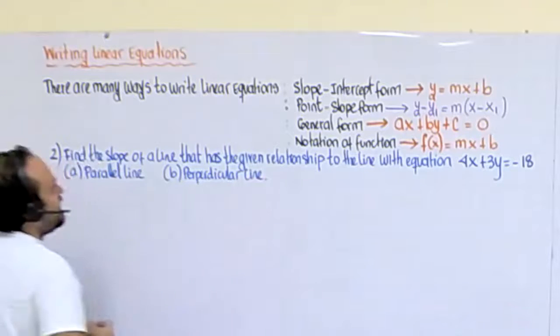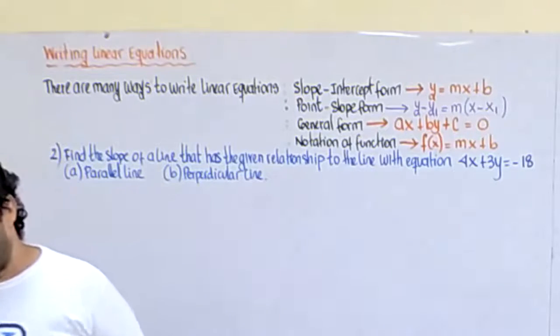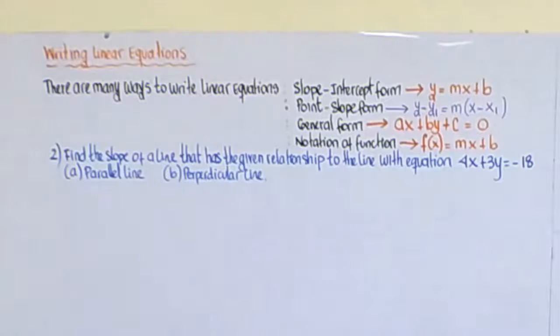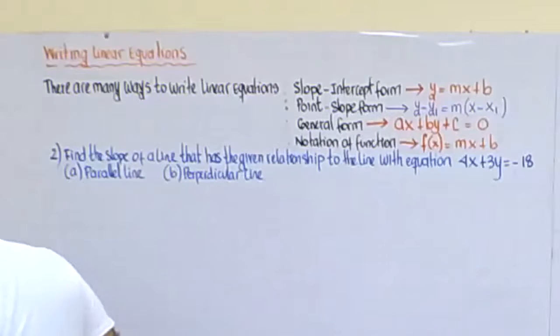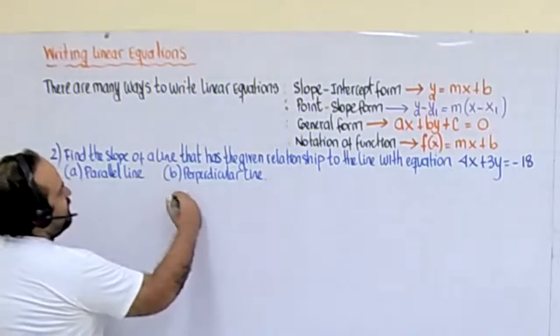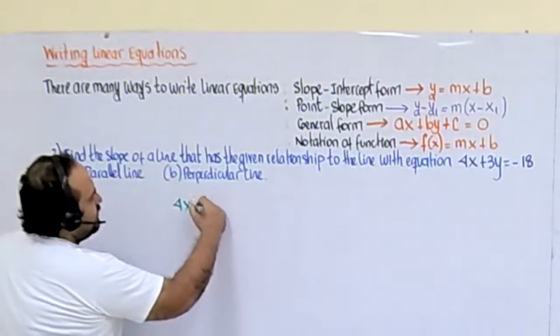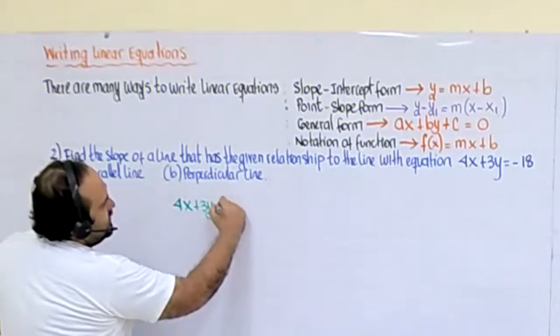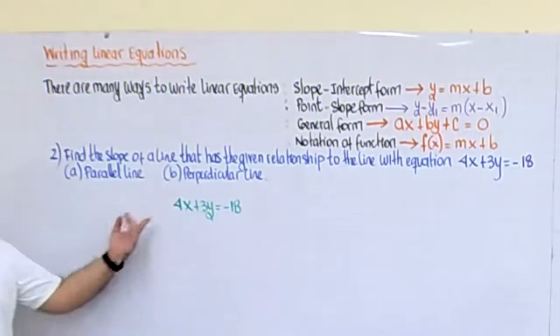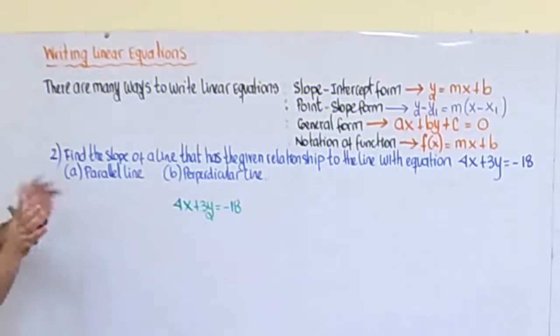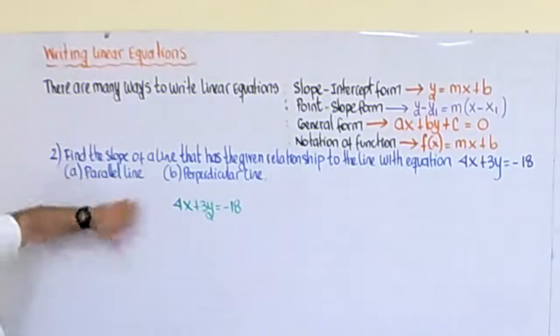All right, so what we're going to do, this is not a complicated thing, my dear students. First of all, we have this equation, given by 4x plus 3y equals negative 18. As soon as you see this equation, let's create a relationship between this concept and this one.